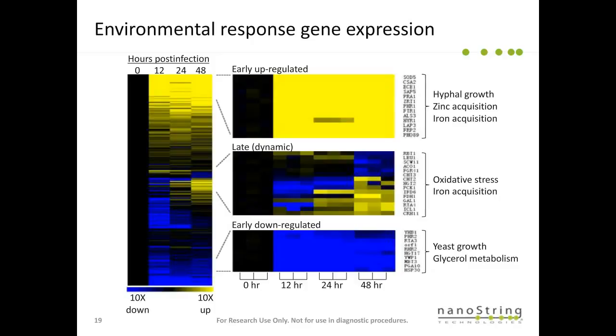So for example, you can see there's some genes that are blue, which is downregulated at the beginning, and that turned yellow, which is upregulated towards the late part of the infection. I want to stress that this actually makes a lot of sense, because it turns out those genes that are turned on later are some of the oxidative stress genes or iron acquisition genes.